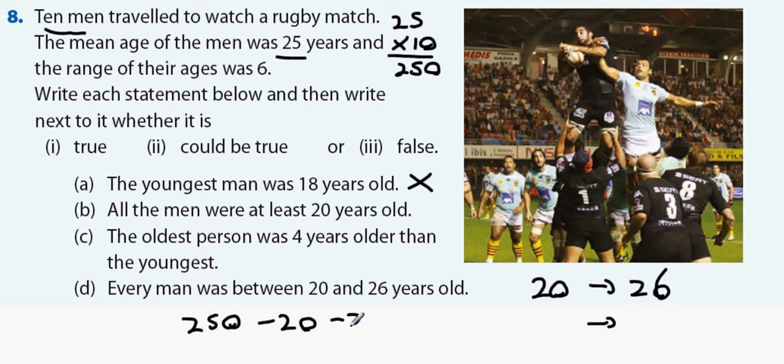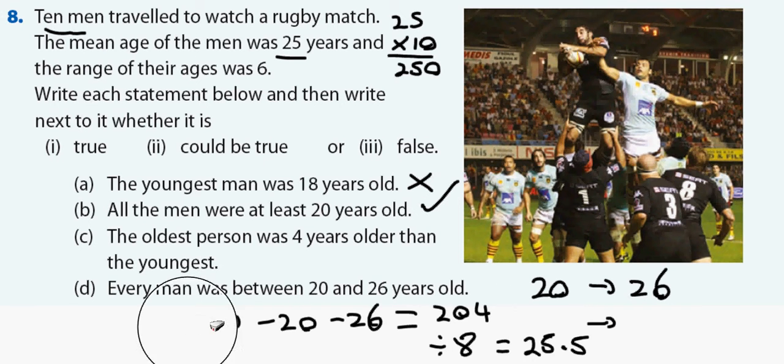That means the other 8 people have to add up to 204. So what we're going to do is divide 204 by 8 to see what age the rest of them would have to be. And the rest of them would have to average 25.5 years old. And that's actually quite doable because the oldest is 26. We could have several people on 26. So this one is okay.